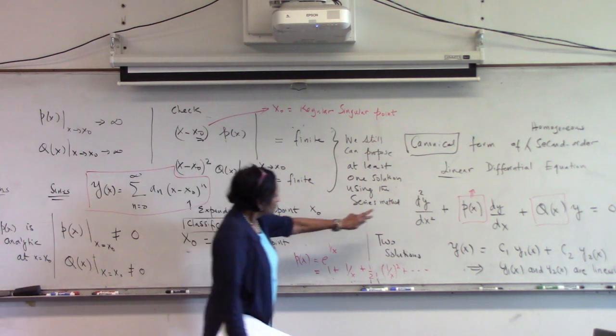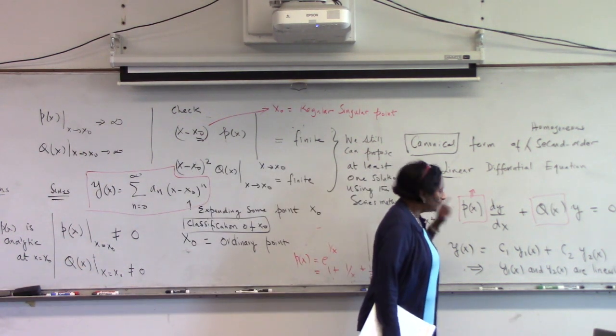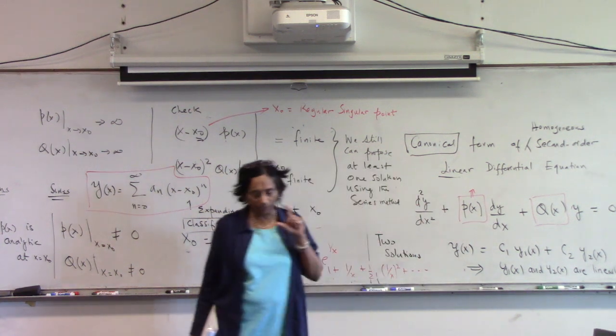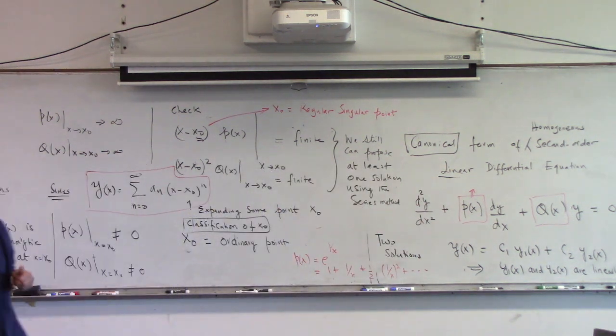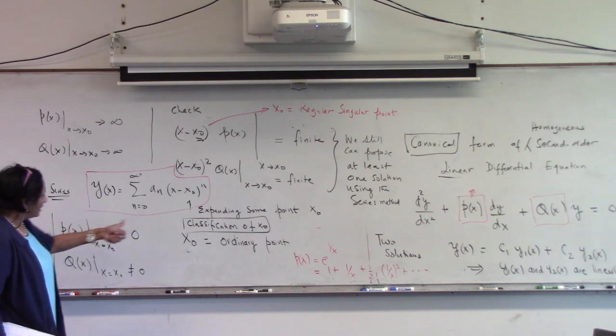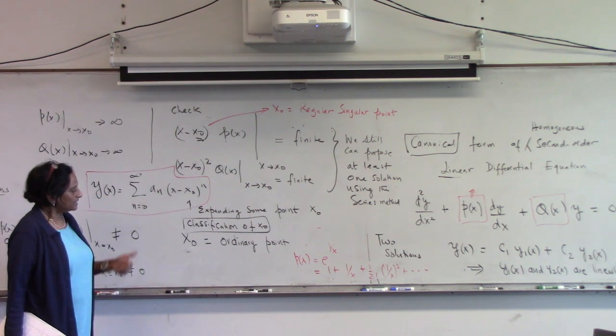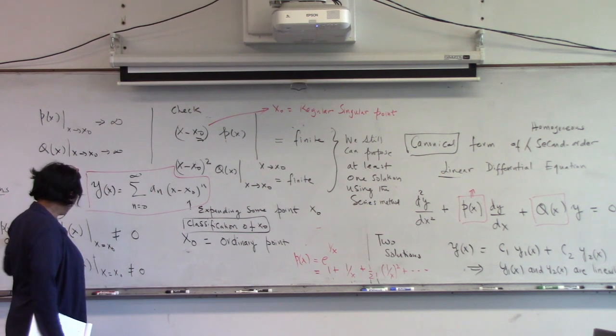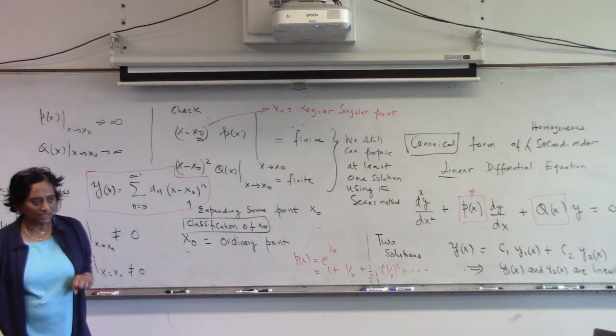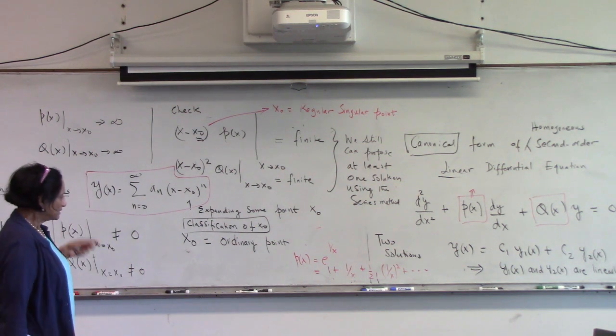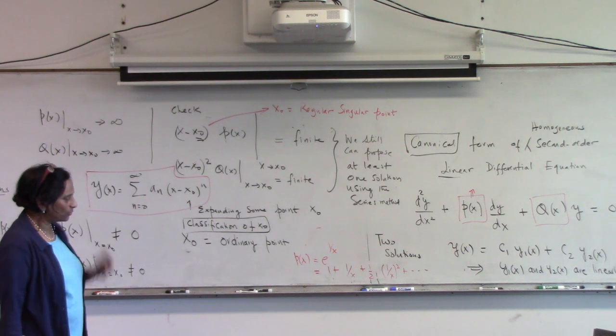So we put it in this form and examine the properties of p of x and q of x around whatever point we are trying to expand. If x is not equal to 0, is the function fully analytic? I just look at it. It has no singularity, no problem.